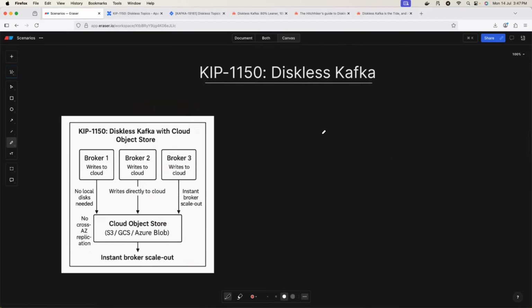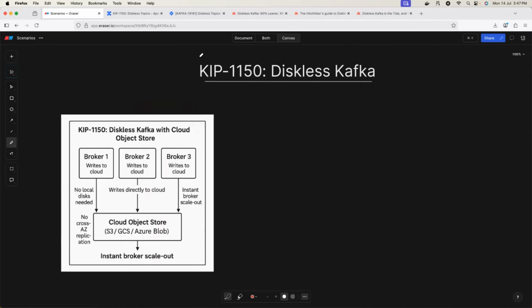All of these things can be solved with KIP-1150. KIP-1150 is a Kafka improvement proposal that is led by engineers at IOPS. They have come up with a proposal to use diskless Kafka.